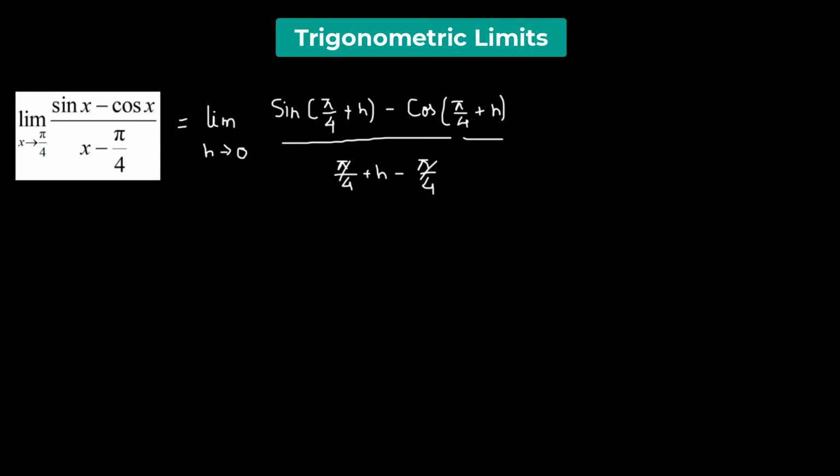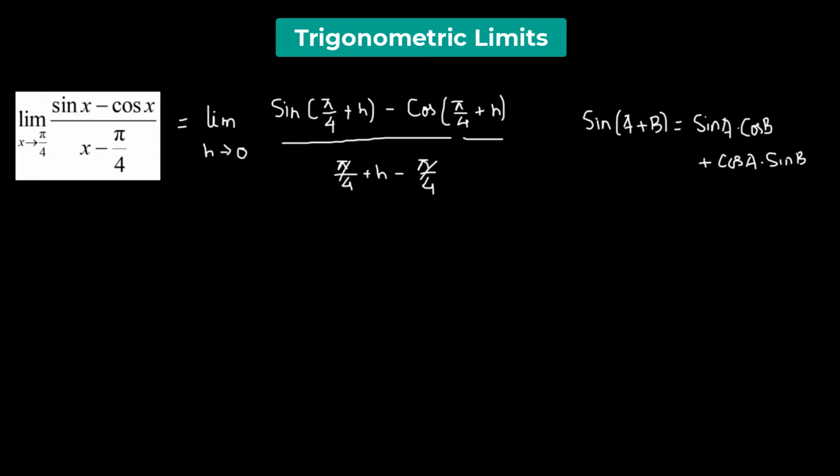That will leave us with h in the denominator. Now we are going to use the identity sine of a plus b is equals to sine a times cosine of b plus cosine of a times sine of b.